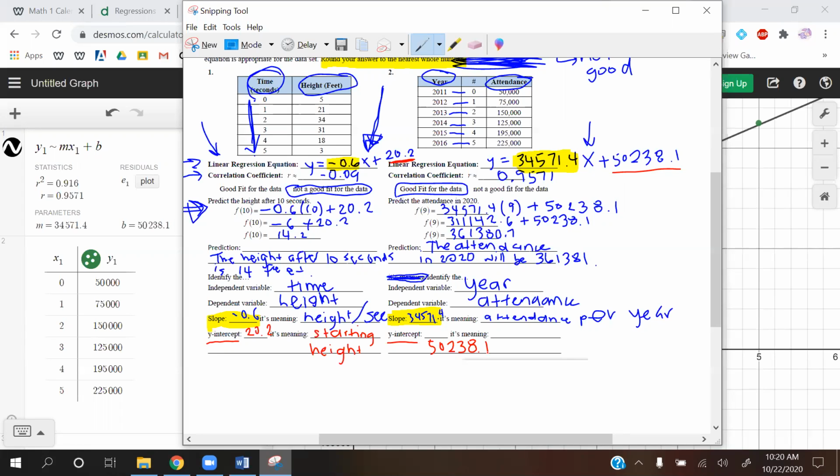And its meaning is the starting attendance. I'm not gonna fix that. There we go.